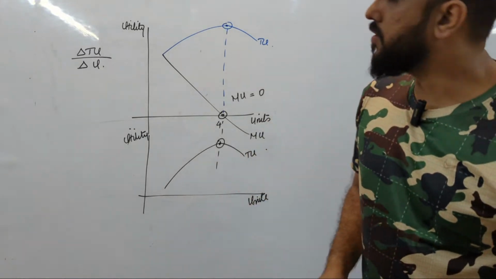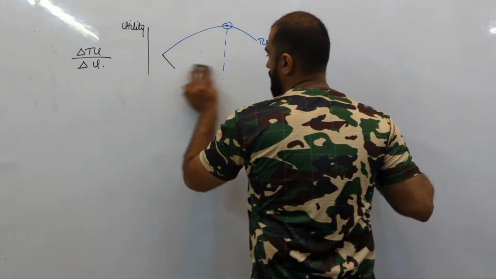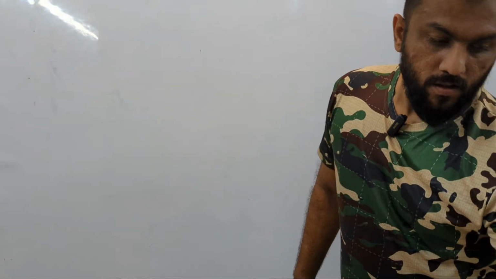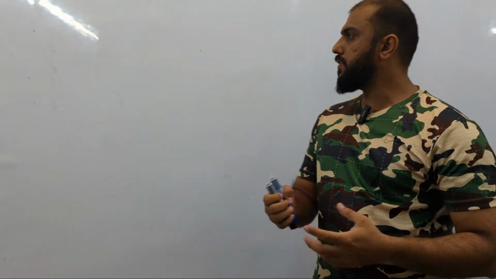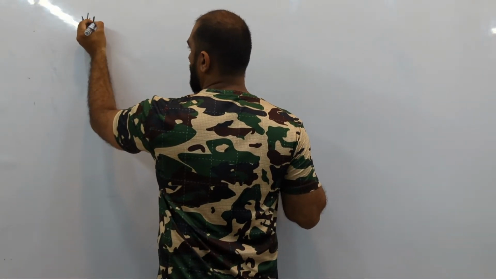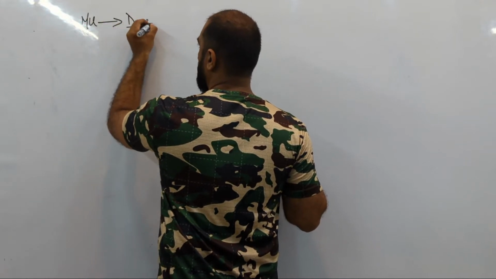Moving on to the next concept of derivation of demand curve using marginal utilities. All right. So the first method is marginal utility. Using marginal utility, we are going to construct a demand curve.